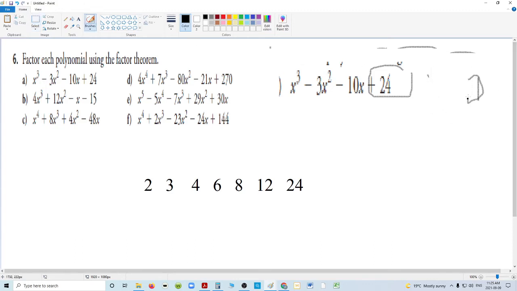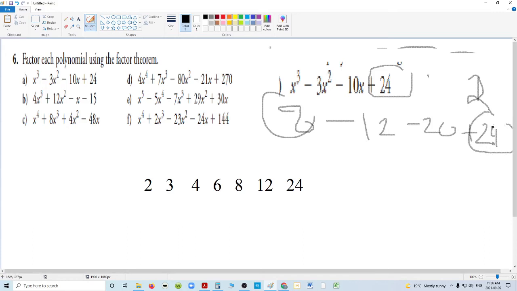So we'll start with 2: 8, minus 12, minus 20, plus 24. So 8 plus 24 is 32, minus 32, 0, which means x minus 2 is a factor.